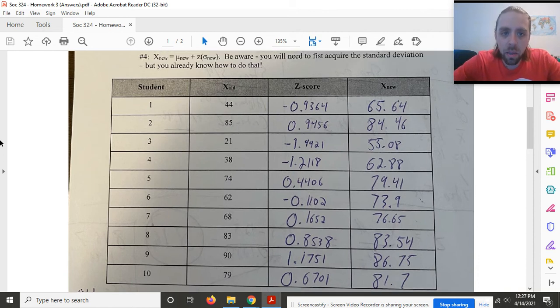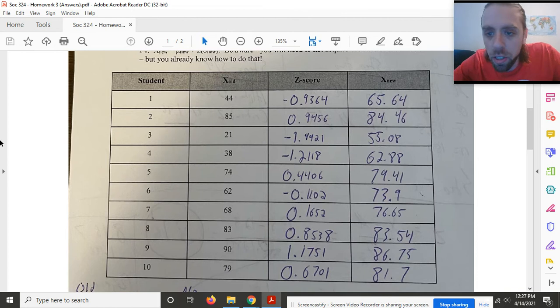Then that gets plugged into my x new formula. I have to take that z-score. So again, focusing on student 1, 75 plus negative 0.9364 times 10. So order of operations, I have to do z times sigma new first, and then that is added to or subtracted from, depending on if it's a negative value, I do add that to the new mean, which is always going to be 75.